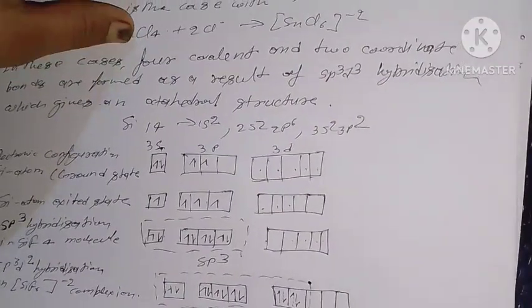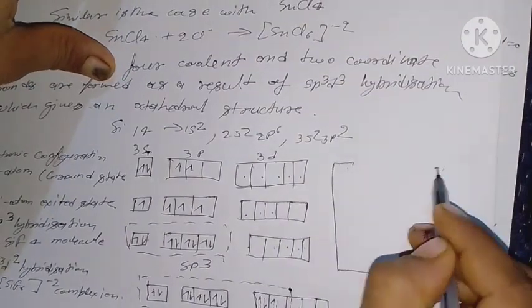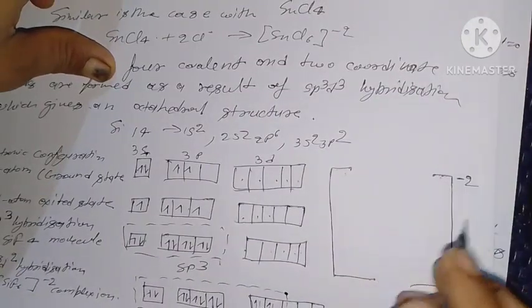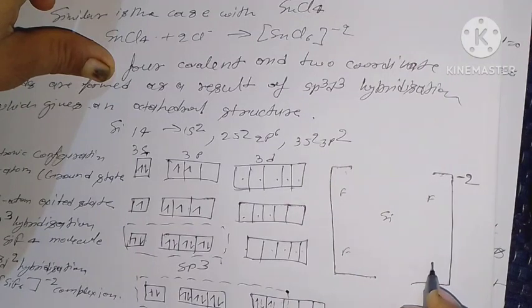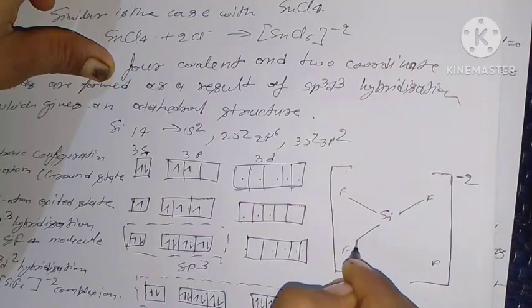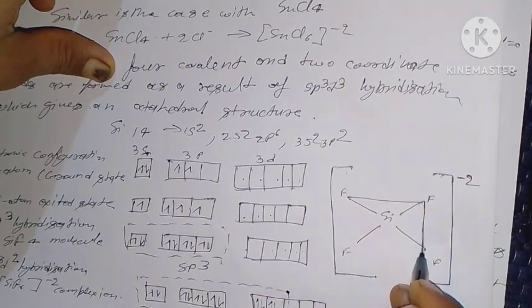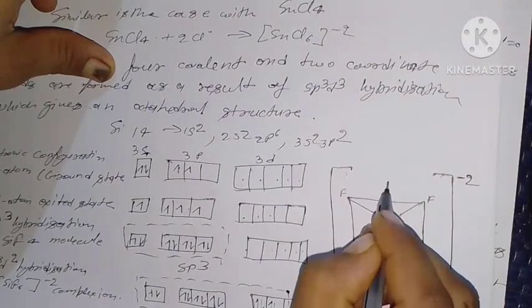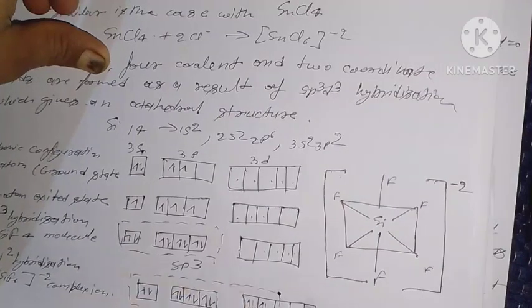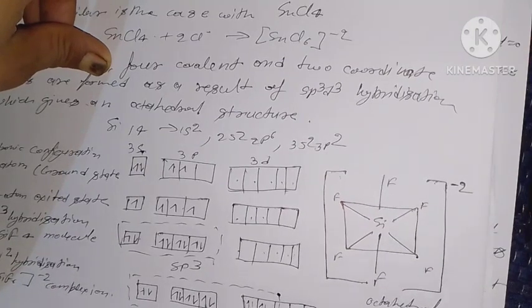As a structure, it is octahedral, the structure of the SiF6 2 negative ion, with silicon at the center and fluorine around it.